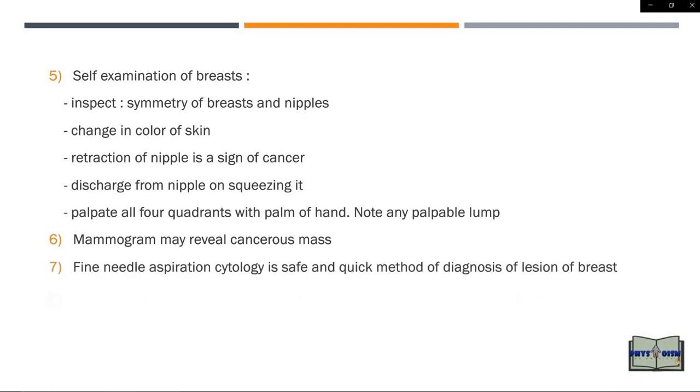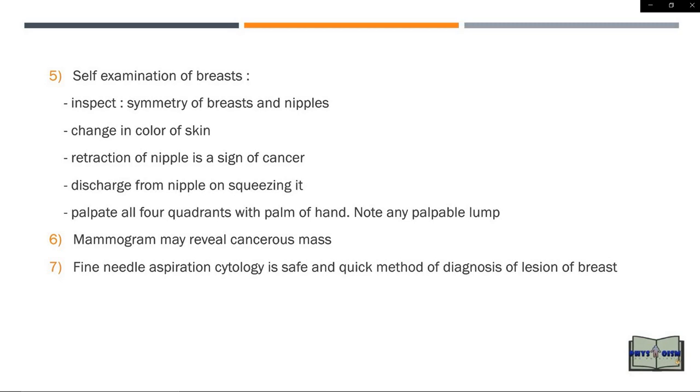Okay, so next one is fine needle aspiration cytology. Here, fine needle aspiration cytology is a kind of biopsy where a needle is sent through the skin into the breast, and from there some cells or fluid or tissue is taken out through that needle and sent to the lab for microscopic study.